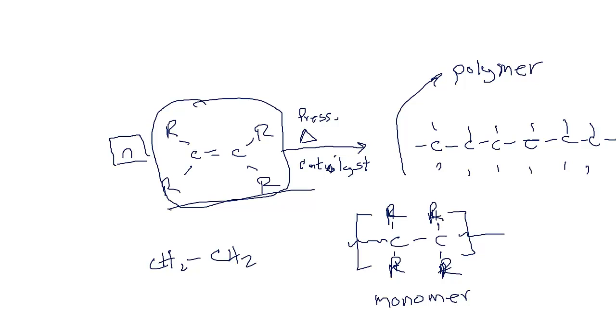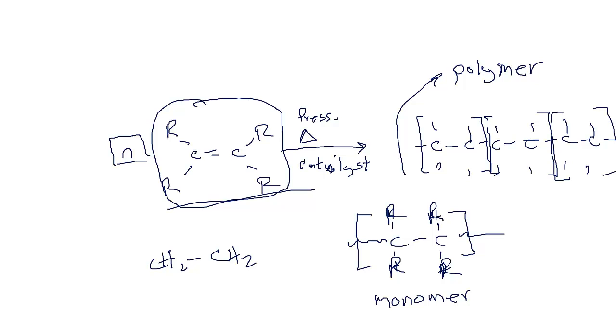So that's the repeating unit. And that's what we have here, right? If I put a bracket here and a bracket here, let me erase that other one. So there's one repeating unit, and then here's the next repeating unit, and then here's the next repeating unit.